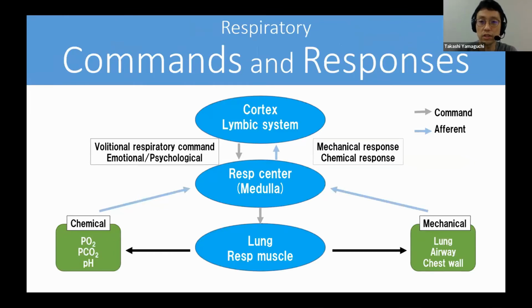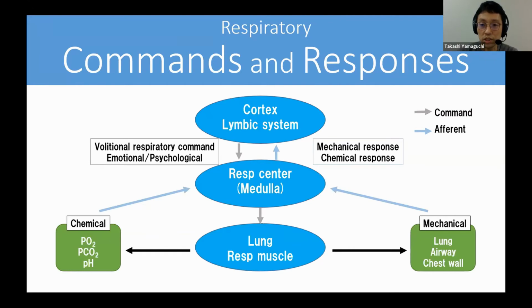And this slide summarizes the signals related to dyspnea development. Once a respiratory command from the brain goes down, the respiratory muscle and the lung respond to that command, and this results in actual mechanical movement, that is the respiration movement, and changes in chemical parameters, such as PO2. These changes are translated to nerve signals and go up to the respiratory center in the medulla.